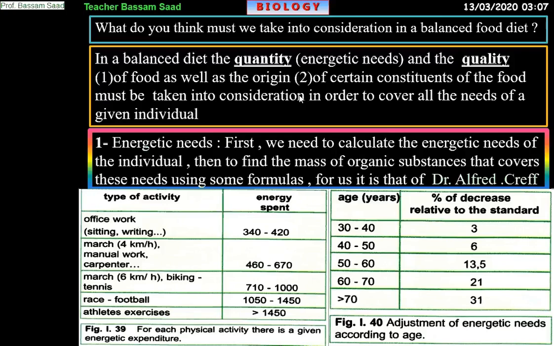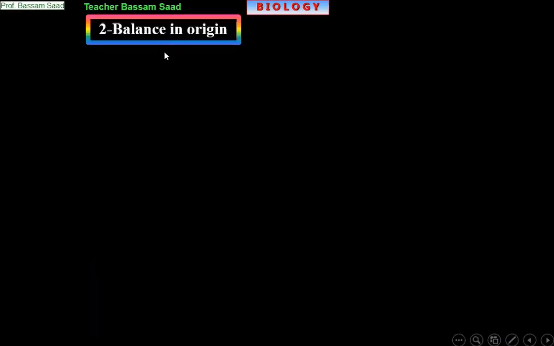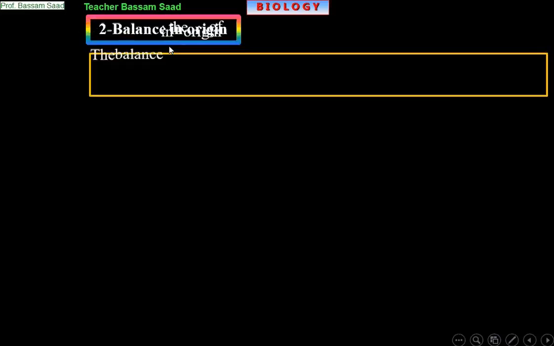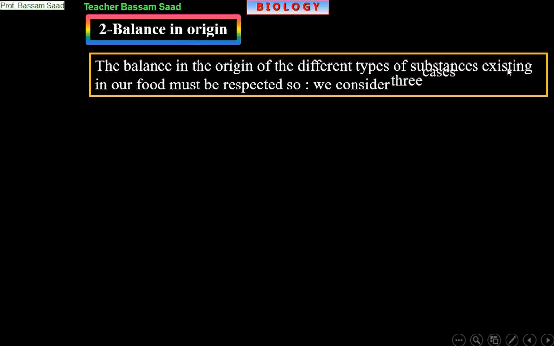So, at the beginning of this lesson, we said that the origin of the constituents of the organic substance must be taken into consideration. Let us see how. Now what? Balance in origin. The balance in origin of the different types of substance existing in our food, of carbohydrates, of proteins, of lipids, must be respected.